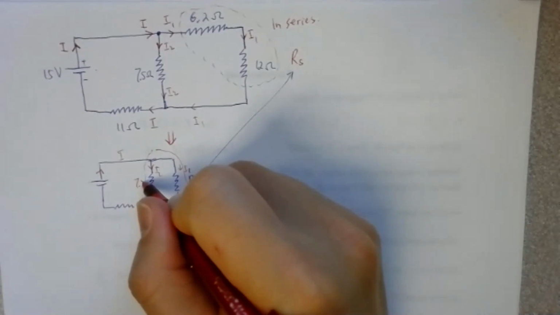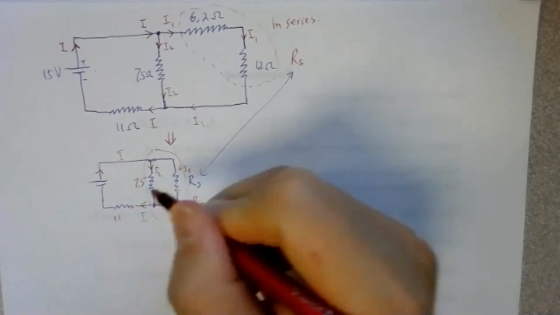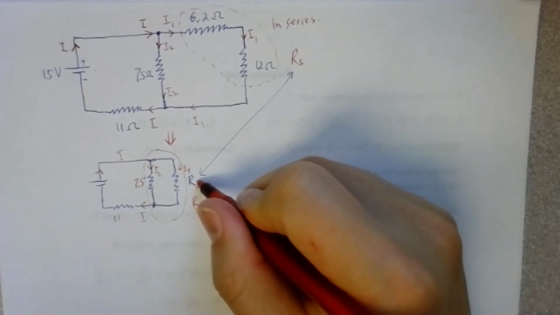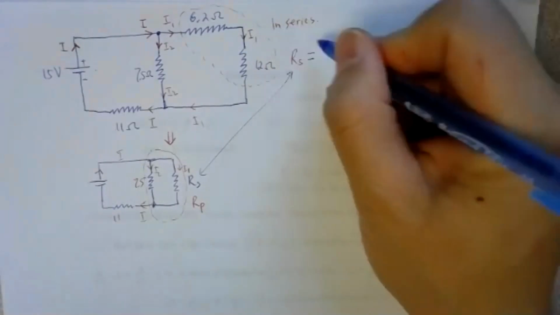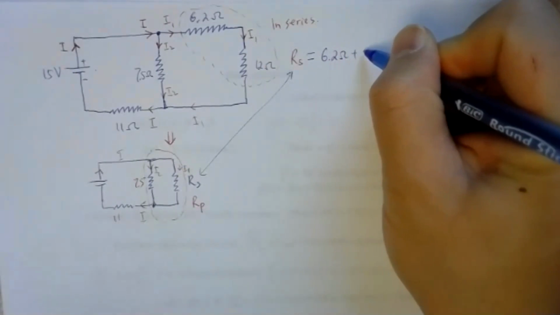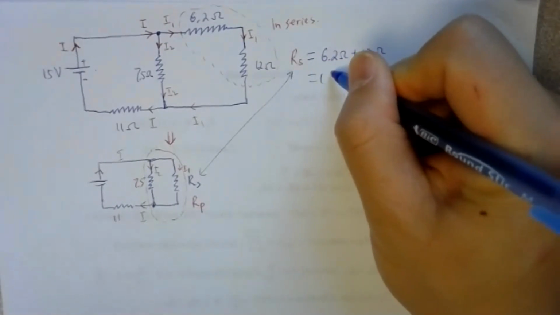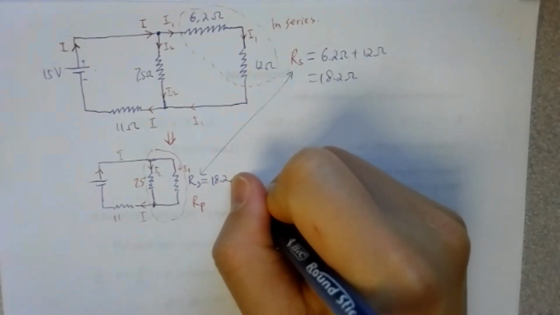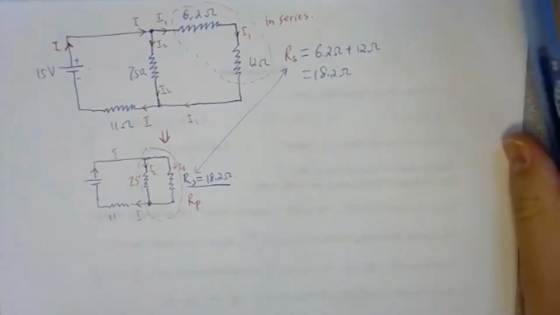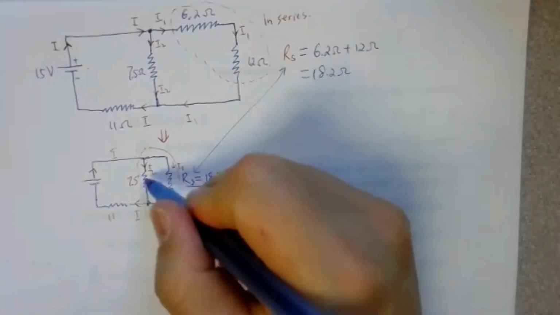So this is the 7.5 ohm, this is the 11 ohm. Now you can calculate this RS because they are in series, so the equivalent will be equal to 6.2 plus the 12. It becomes 18.2 ohms. But now these two are in parallel.